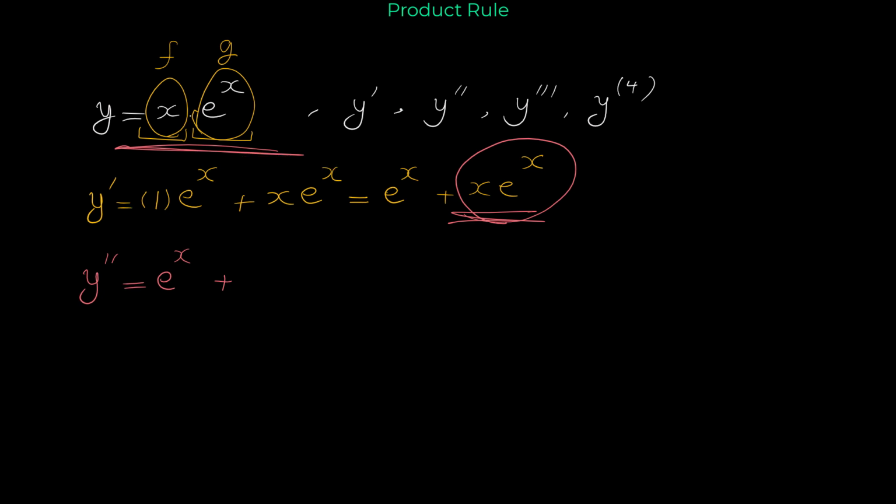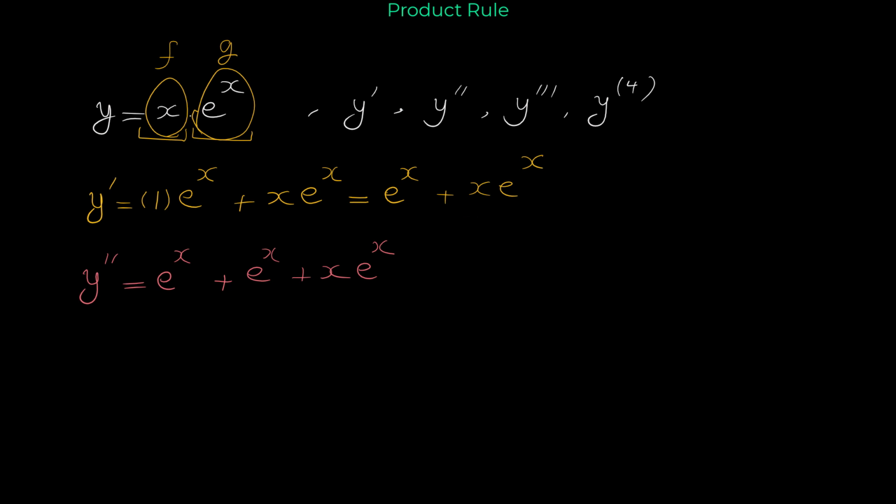If you want, you can copy the answer that you got here. But let's do the derivative of this again. Derivative of the first function x is 1 times e to the x, so e to the x plus. Write the first function x and multiply by the derivative of the second function, and the derivative of e to the x is e to the x.